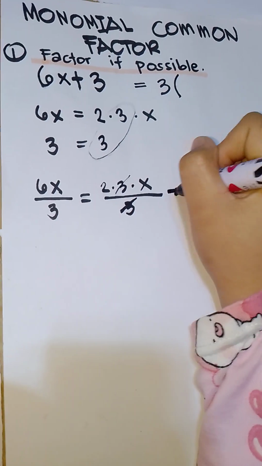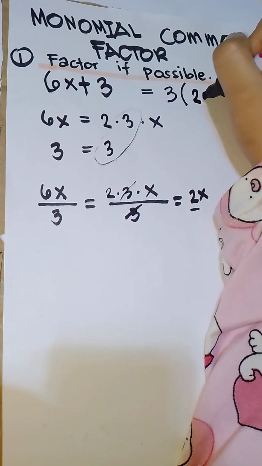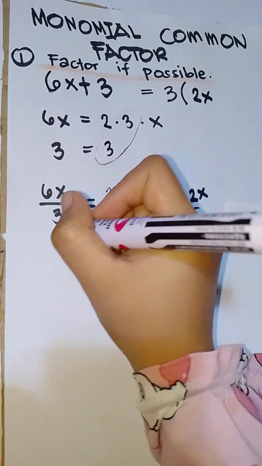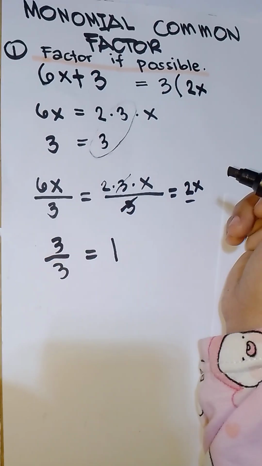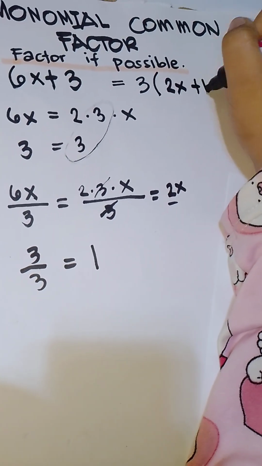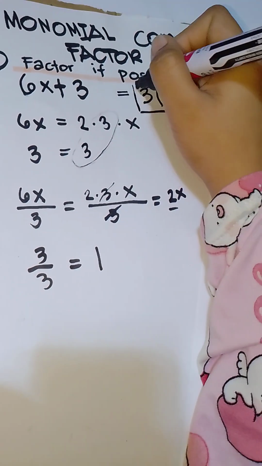Cancel, what remains is 2x. So we'll put 2x here. Then repeat the same process: 3 divided by 3 is equal to 1. So plus 1, and this will be our factor.